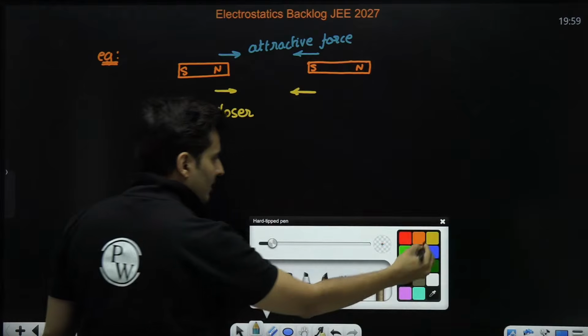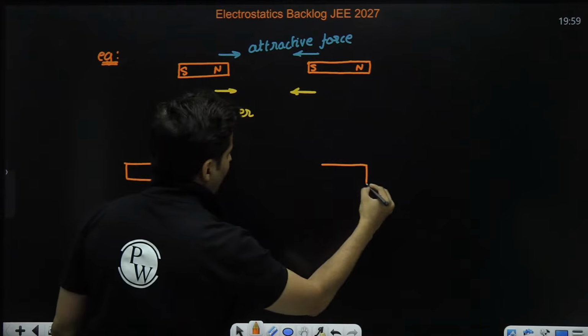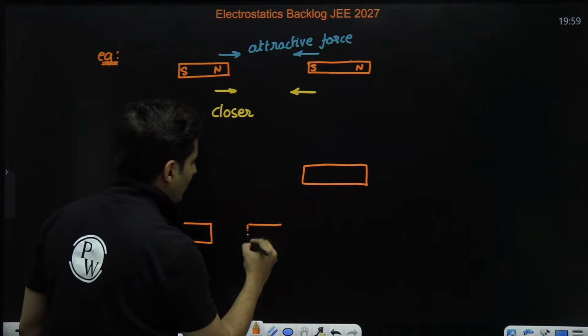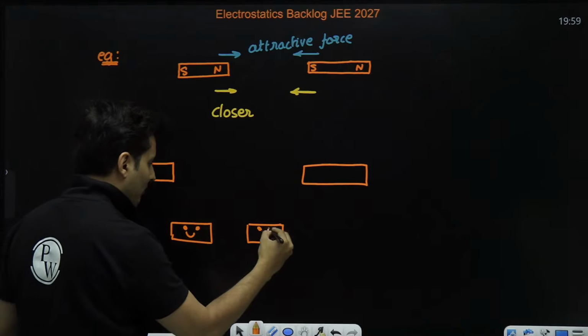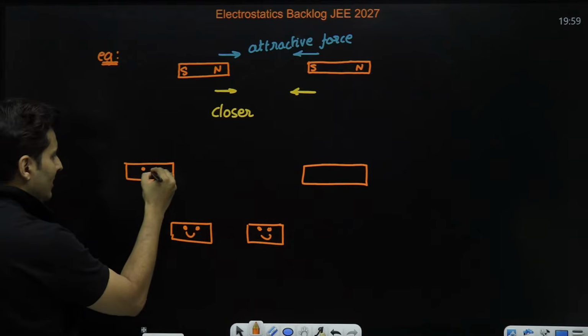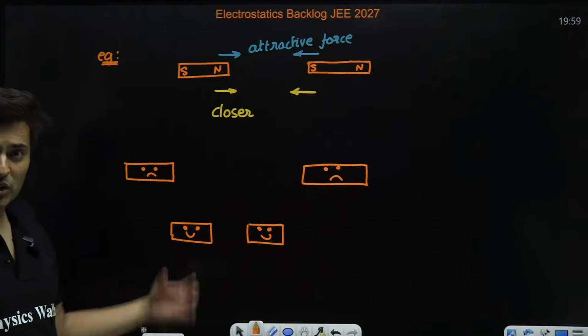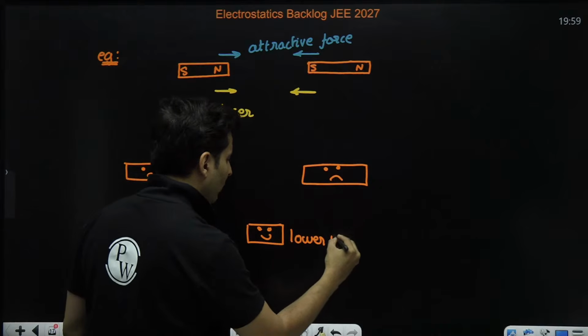So imagine when the magnets were far away, versus when the magnets are closer, there is attraction. So definitely they will be happy when they are closer, versus when they are far away, you are against their attractive force, so they will be sad. When they are happier, that means lower potential energy.